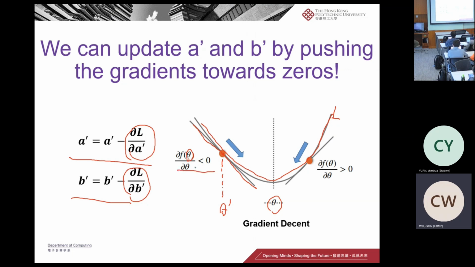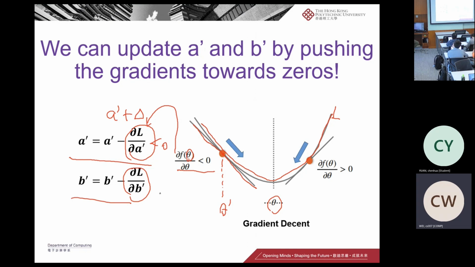If the gradient is less than 0, meaning it's a negative number, then by substituting it into here, this part is less than 0, and it turns out it's going to be plus something, right?